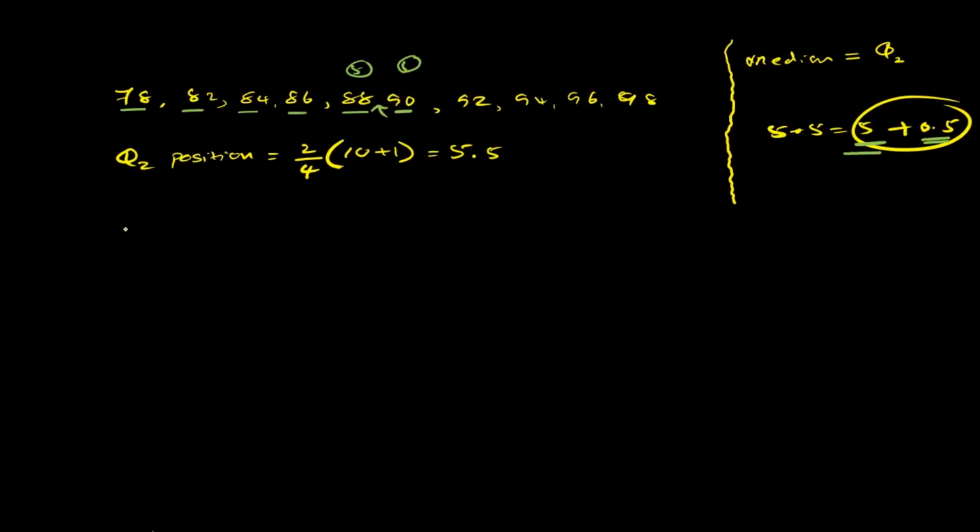Listen carefully. This is how you have to calculate the second quartile if you get something like this. You already passed the 5th position.